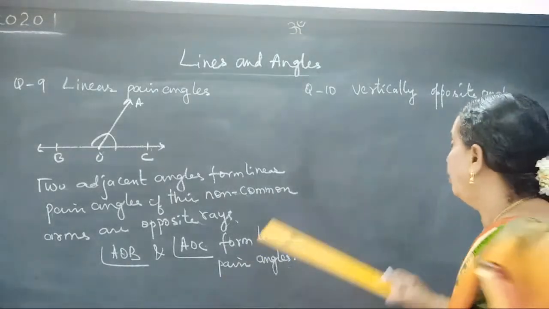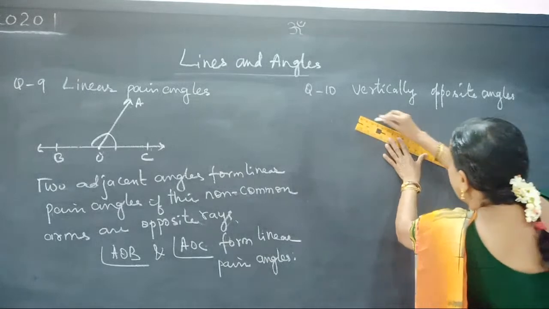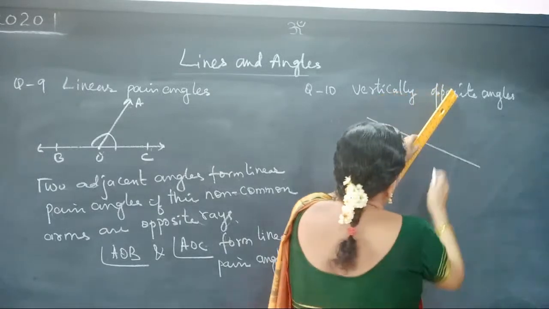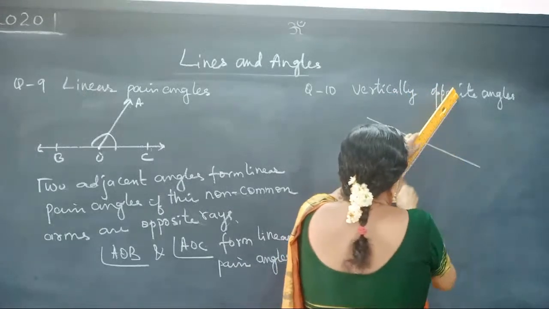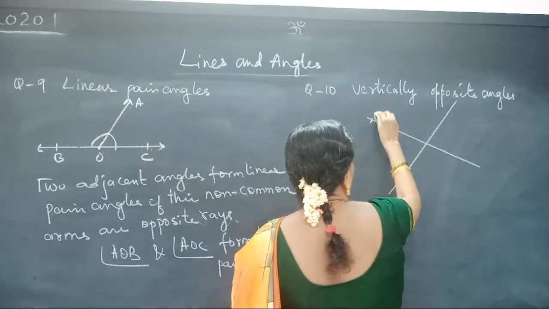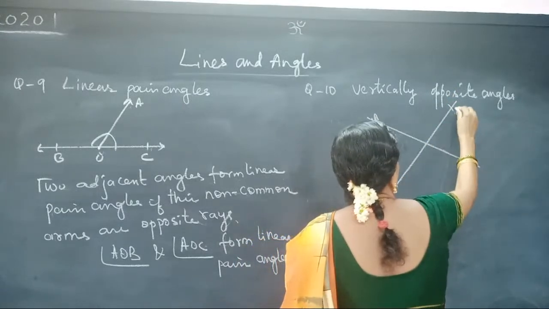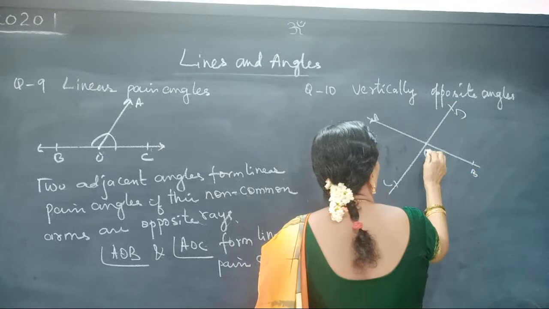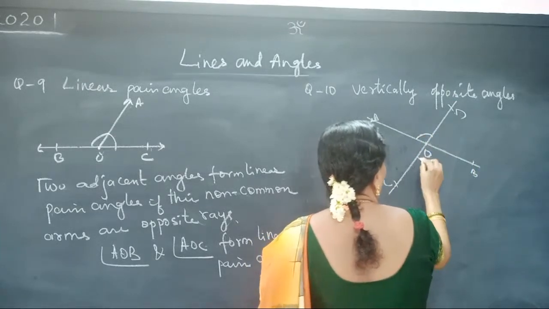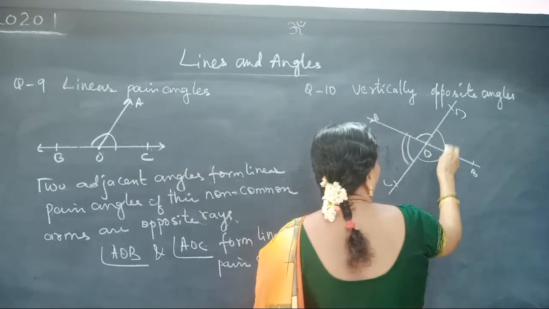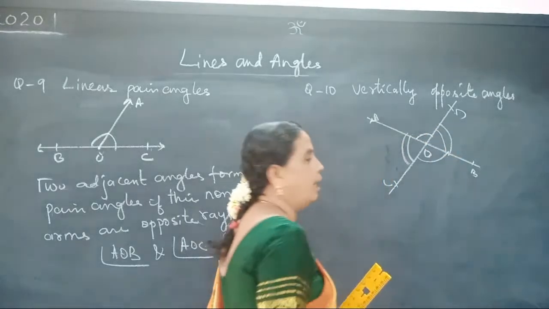That is, when two lines intersect. Based on this, in the construction chapter, you have constructed the bisectors. Here again I am showing AB and CD intersecting at a point O. Then the pair of opposite angles are called vertically opposite angles.